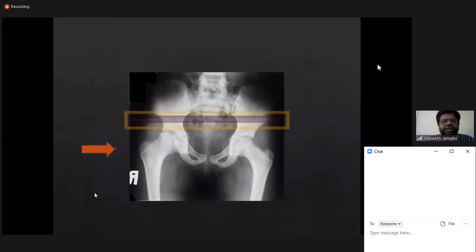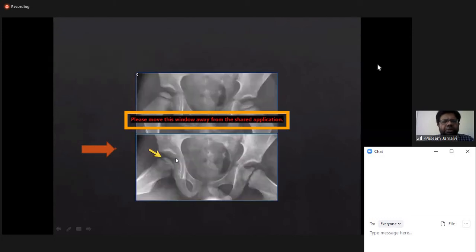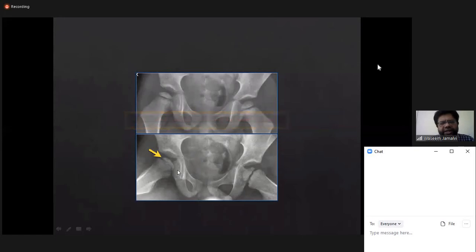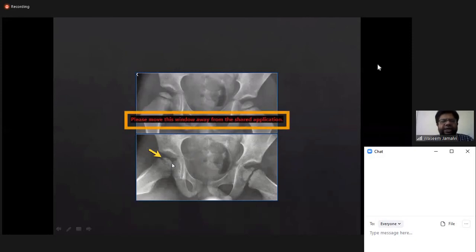Look at this X-ray. The ball, the head of the femur, is normally fixed in the socket of the acetabulum. This is the ball and socket joint. You all know the hip joint is a ball and socket joint. But in this X-ray, the head of the femur on the left side is normal, while on the right side the head of the femur is constricted, with decreased formation as compared to the left side.